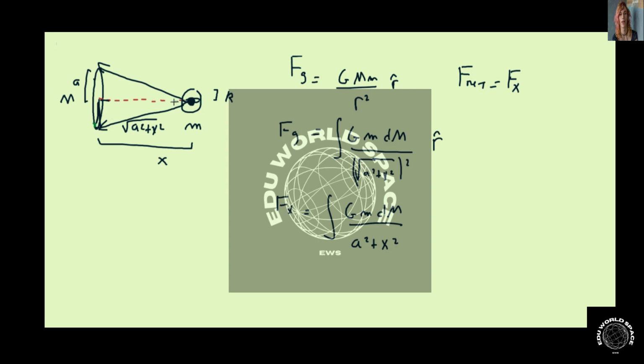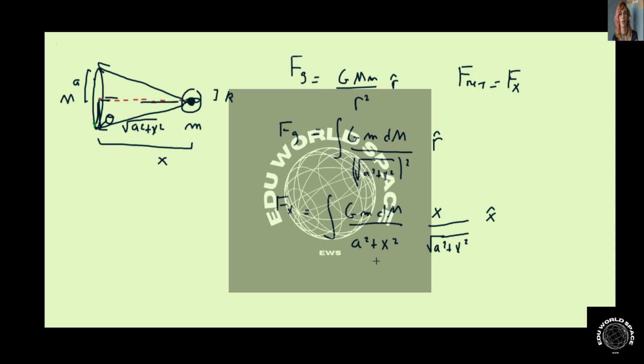So that will be just the part along this red line. So if we say this is theta, then to get this part, we would take sine of theta, so opposite over hypotenuse. Well, the opposite is length x, and the hypotenuse is the square root of a squared plus x squared. So that'll give us the magnitude in the x direction, and then finally we say it is in the x direction.